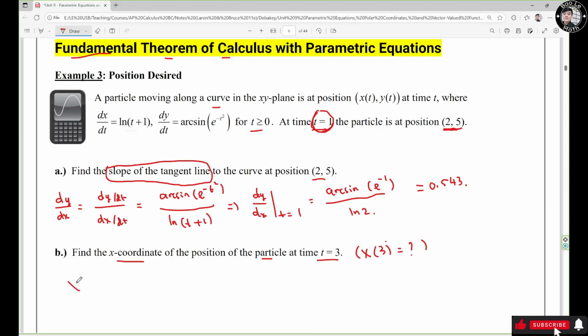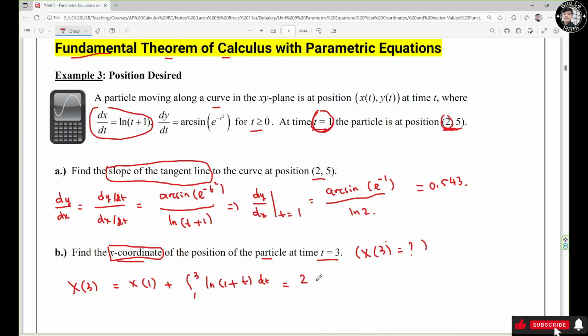So we have s of 3 equals s of 1 plus the integral from 1 to 3 of this one right here. Because we talk about the x-coordinate, we're going to take the antiderivative of the first derivative right here, so it's natural log of 1 plus t dt. And s of 1 equals 2.